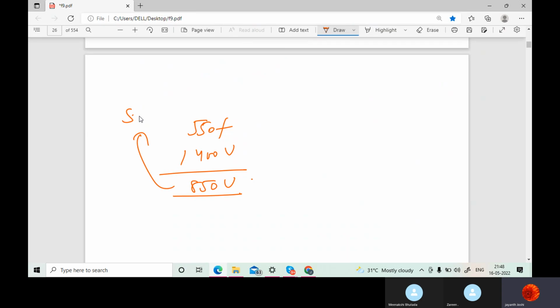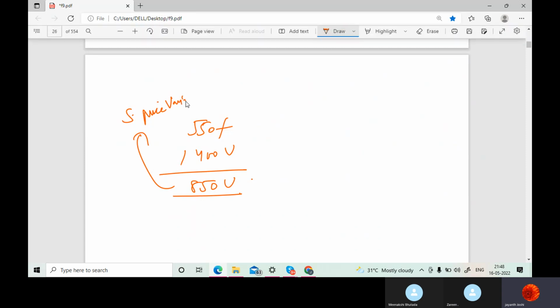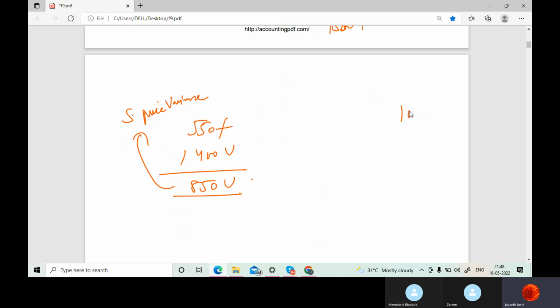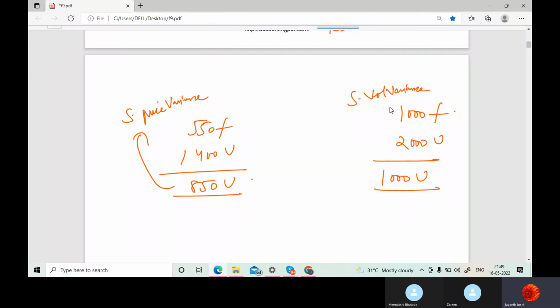Sales price variance was 1,000 favorable, and 2,000 unfavorable sales volume variance in totality for both, so 1,000 unfavorable. This is what sales variance is all about.